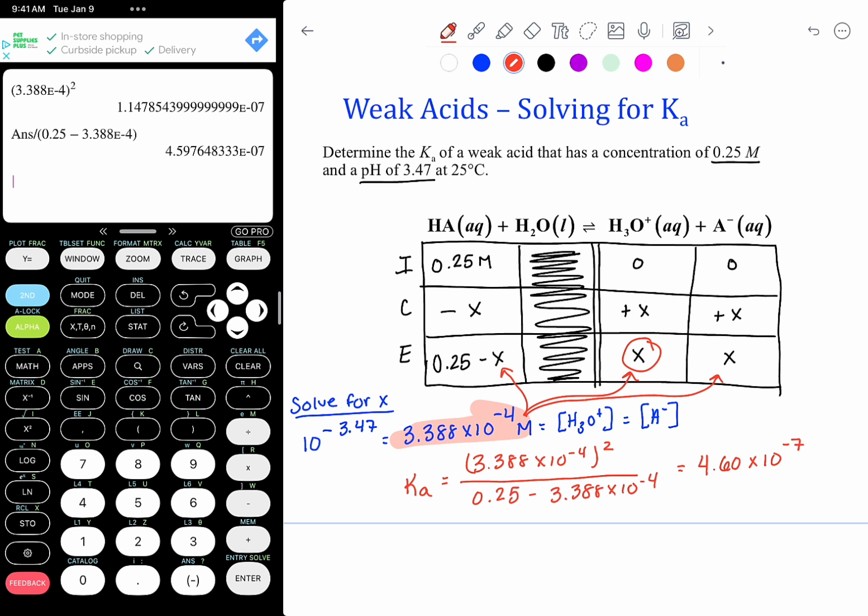Okay, that gave us the H3O+ concentration. If we know X, we can find all of our values for our concentrations at equilibrium, which we then plug in to our Ka expression for that balanced reaction. And we get a Ka of 4.60 times 10 to the minus 7.